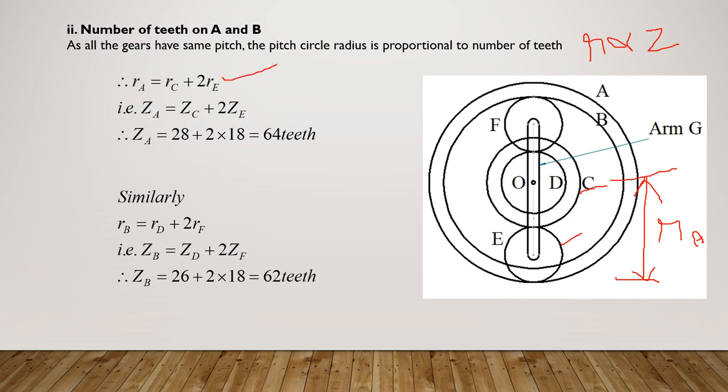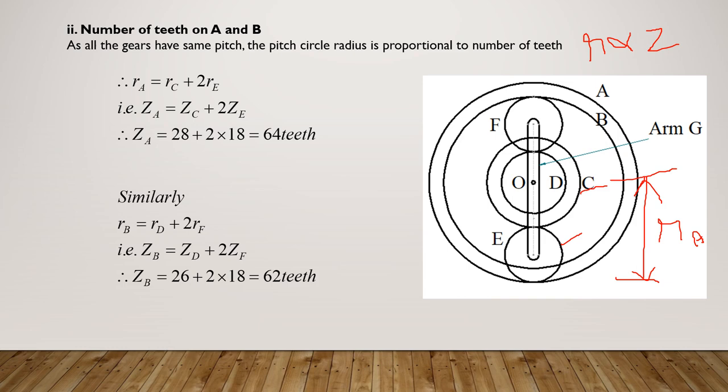So that is what is written here. RA can be written as RC plus 2 times RE. So since R is proportional to Z, instead of R you can write Z. ZA is equal to ZC plus 2 times ZE. Substitute the given data. The number of teeth in C is given, number of teeth in E is given. Substitute, you will get the answer for ZA.